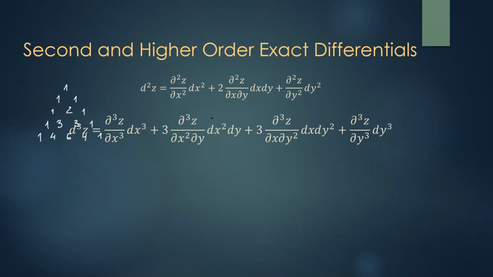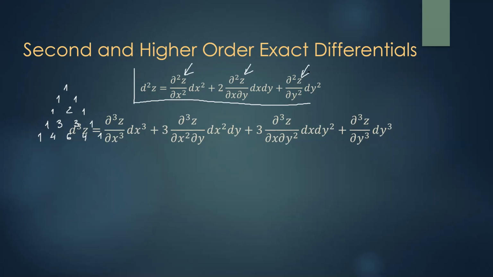So these exact differentials are of less use. It's simply for the sake of definition, but I think in the homework, you have the second order exact differential to write down. As you see, all you need to do is find these second order partial derivatives, both times by x, mixed derivative, and both times by y, and then simply write it down without any problem.